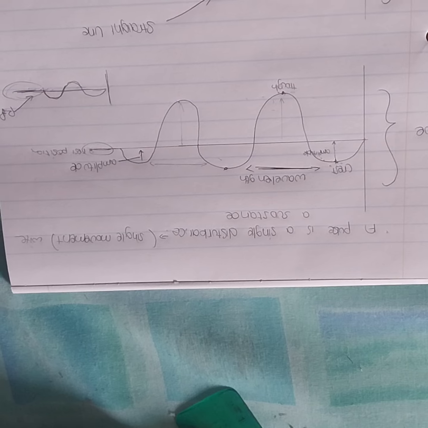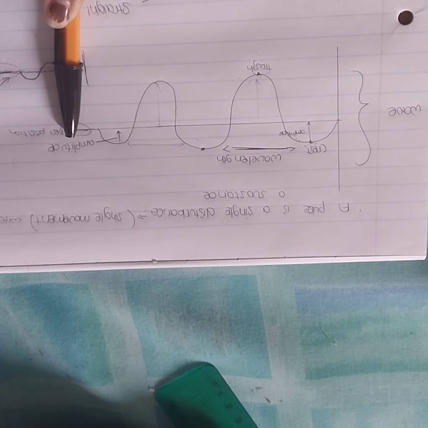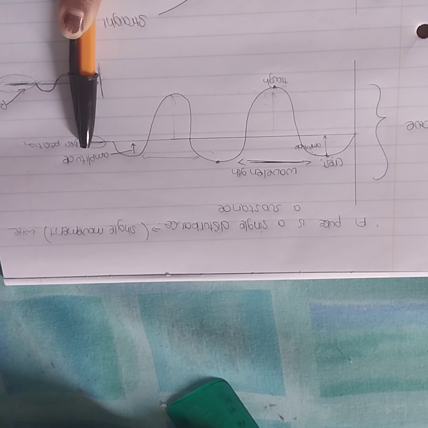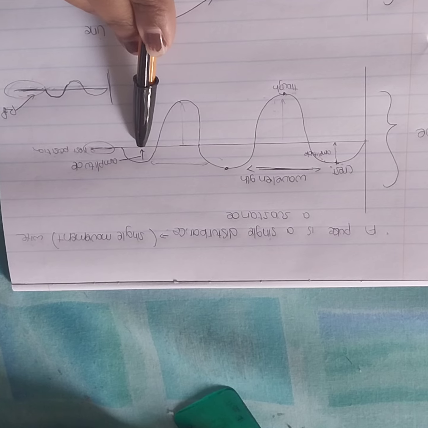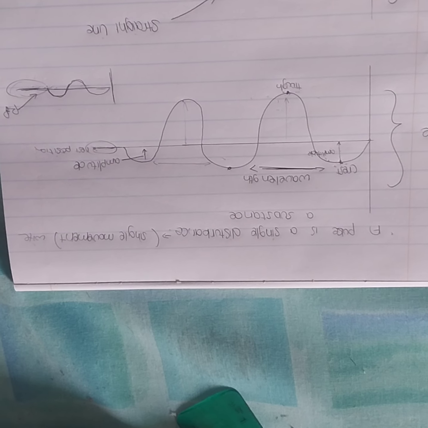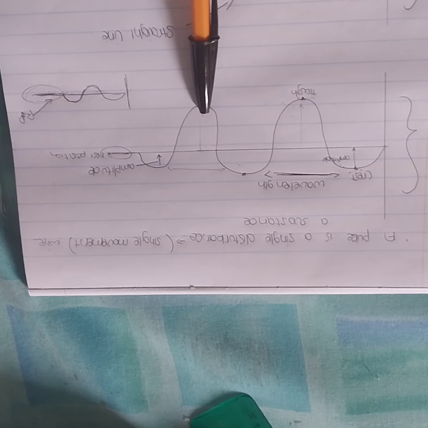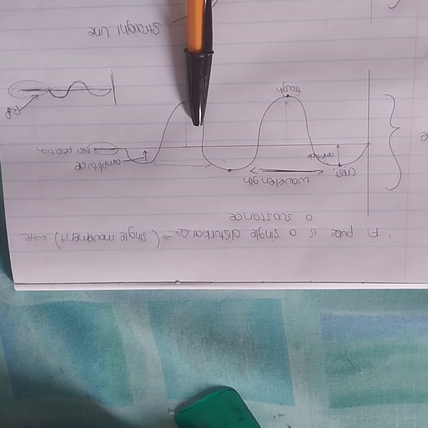Now I'm sure you are looking at this and asking, what is that word over there? Yes guys, that word over there is amplitude. I put an arrow there. Amplitude measures how big a pulse is. There's no different name for the one at the bottom. It's still the same, amplitude and amplitude.